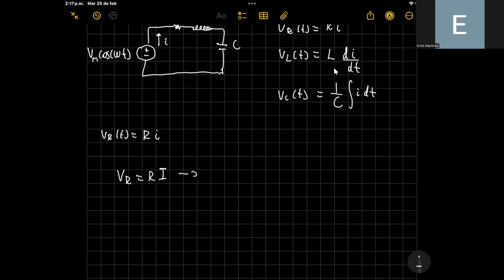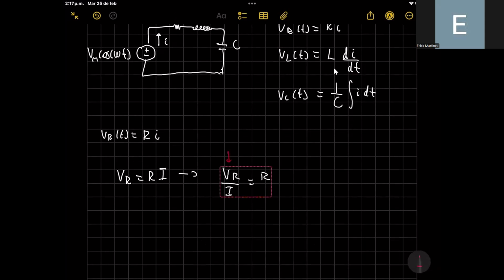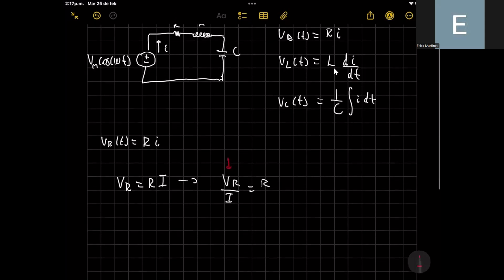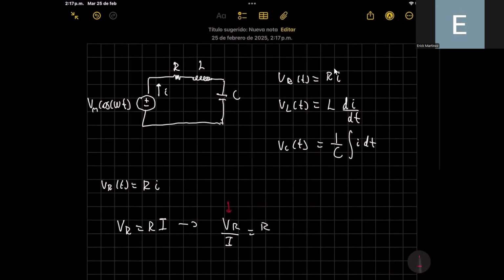So we have that VR over I is equal to the resistance. Essentially, the voltage over the current is equal to the resistance for this element. But what happens with the other two elements, the inductor and the capacitor?